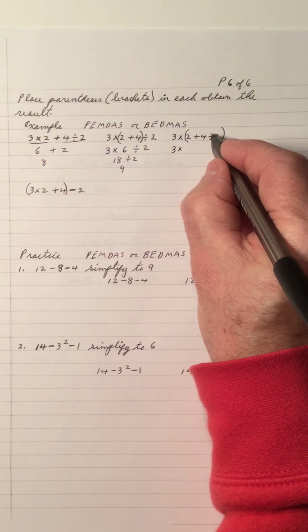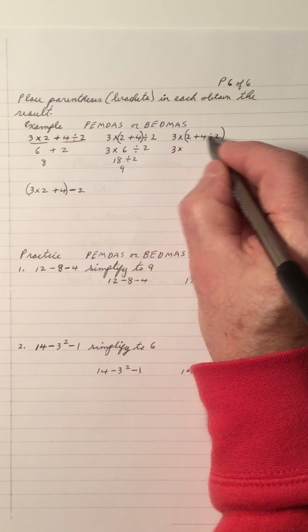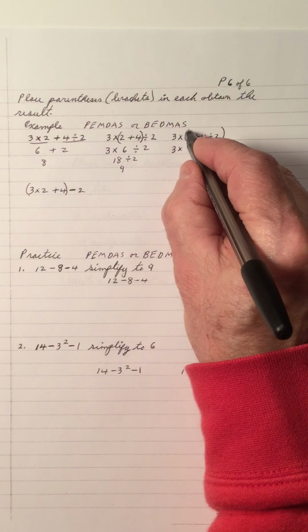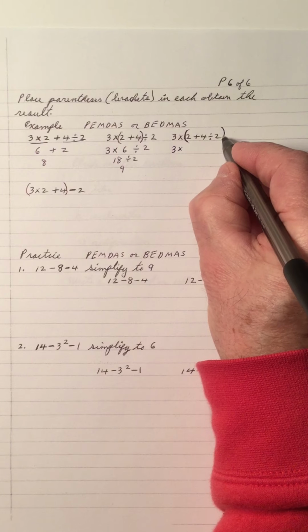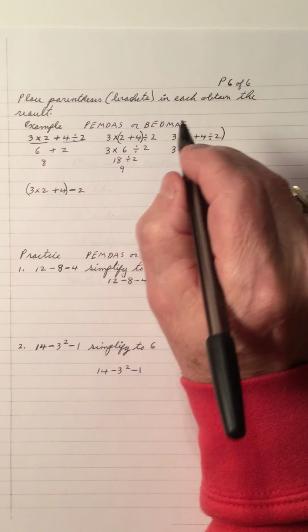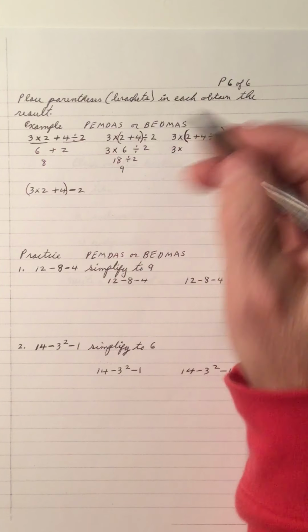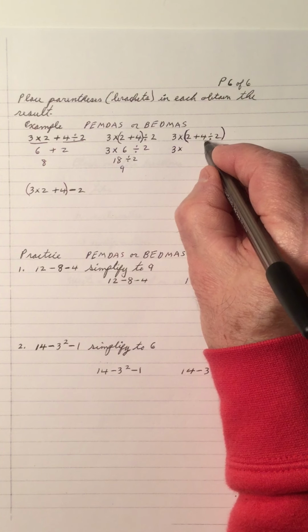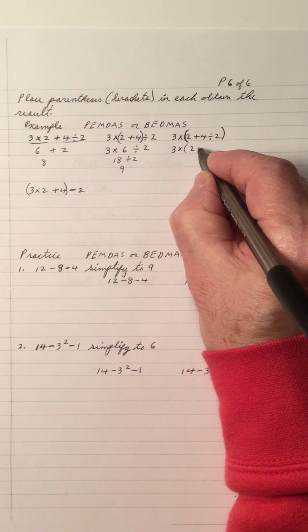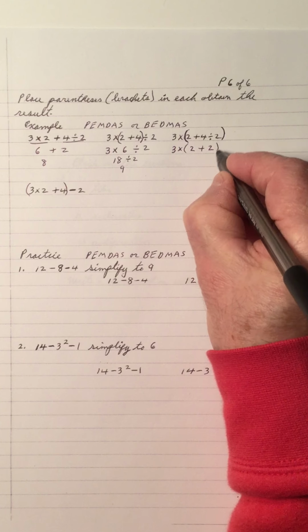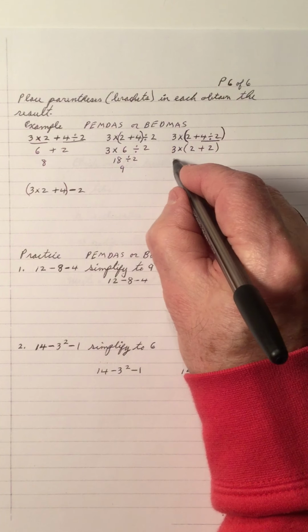Inside of here, I have an addition and a division. So inside of this, when I work this out, I still have to follow Bedmas or Pemdas. So I have to divide first, because I divide before I add.